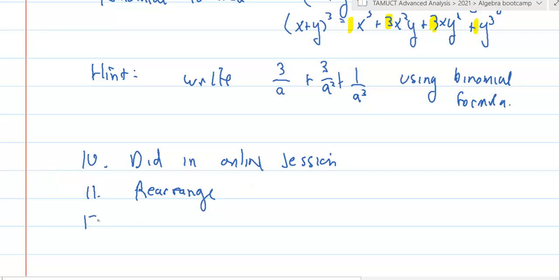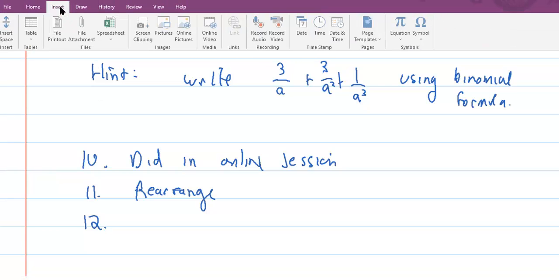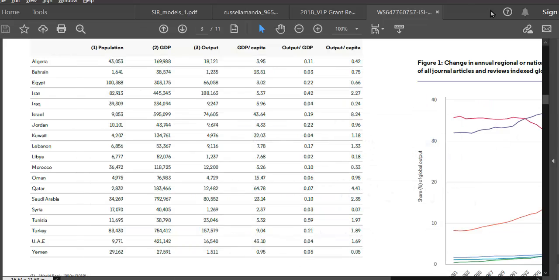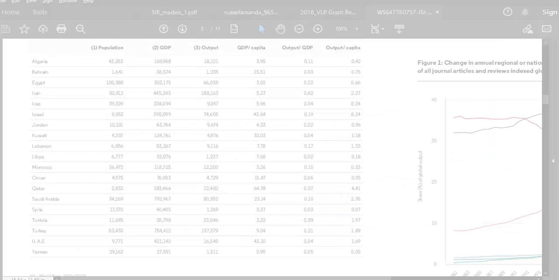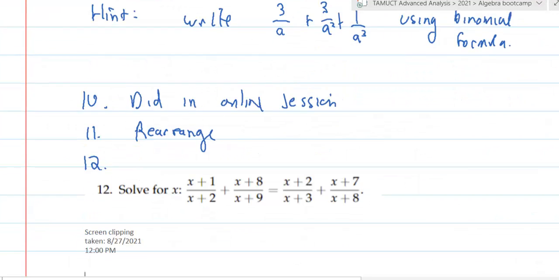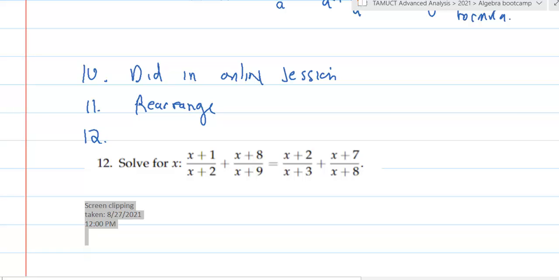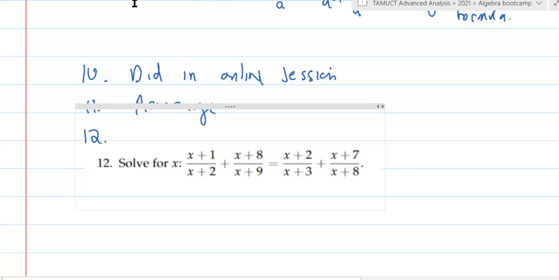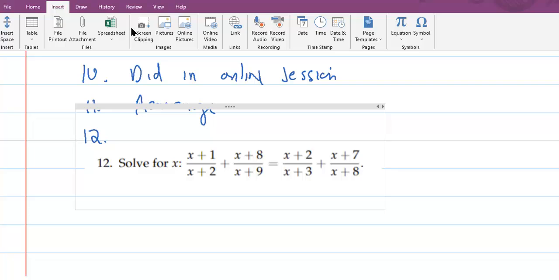Now for problem 12, let's take a look at problem 12. All right, so I'll grab that here. Give me a second and I'll grab it. Now this certainly looks like it calls for a rearrangement. Right, but here what we have, something very nice here.